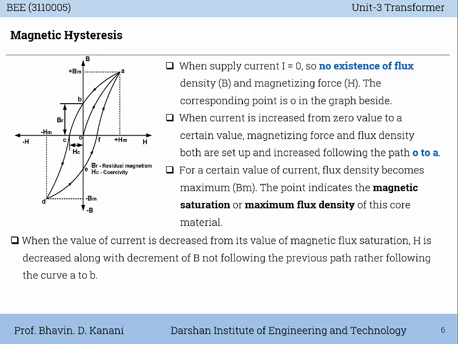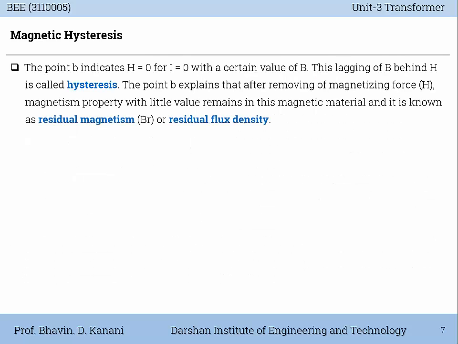When the current is decreased from its value of magnetic flux saturation, magnetizing force H decreases along with decrement of flux density B, not following the previous path, rather following the curve A to B. The point B indicates H is equal to 0 for current I is equal to 0 with a certain value of flux density B. This lagging of flux density B behind magnetizing force H is called hysteresis.